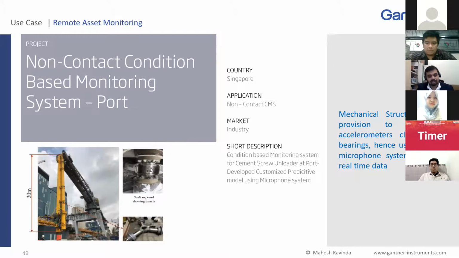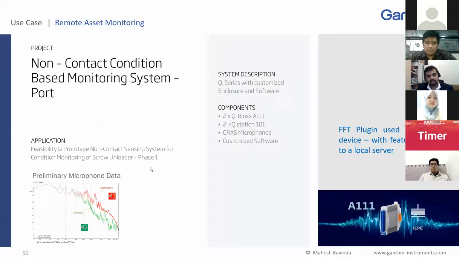So we collaborated with A*STAR, the Agency for Science, Technology and Research. We had to take continuous data for a number of days during the operation time. We used a near field microphone system on a good screw unloader and a problematic screw unloader, and tried to differentiate by looking at changes in the patterns.